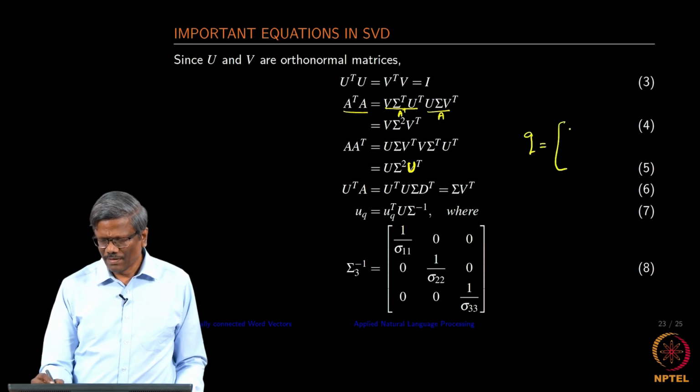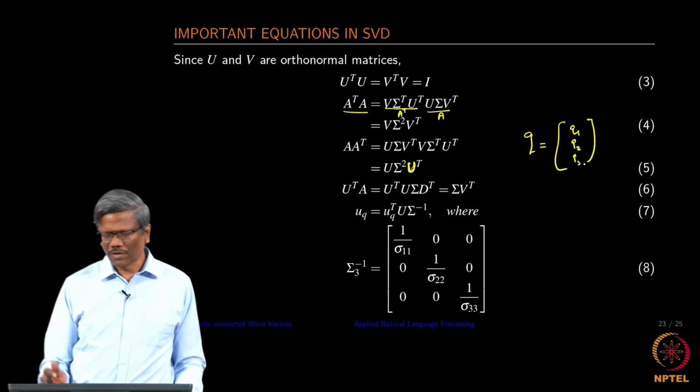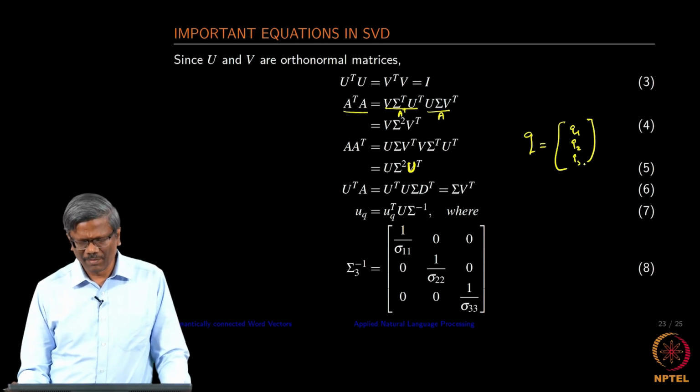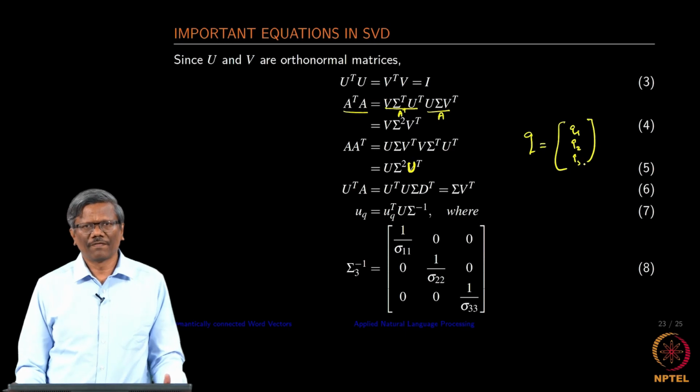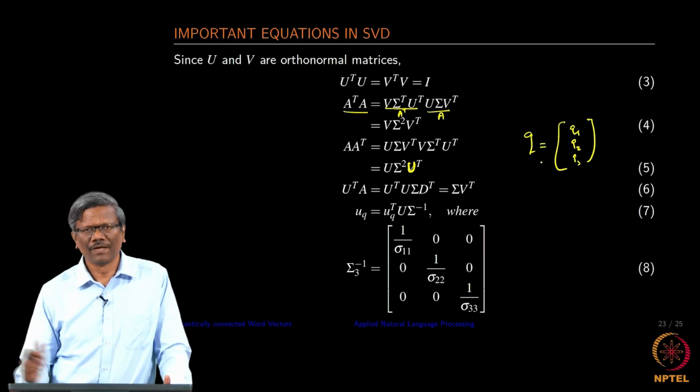Let us say some values are there for the query. I just want to find out how this query can be used, and then later we can find out how this particular one could be close to the document that we have in the transform domain.